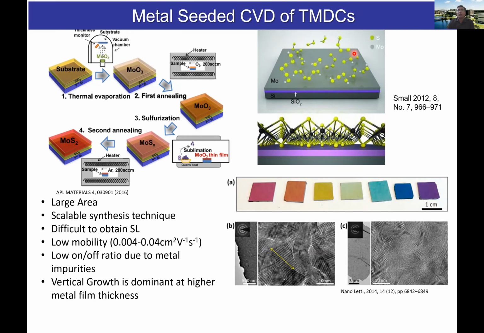But if you know material deposition techniques, what happens is that if you do thermal evaporation of materials, they have a very small grain size, down to 10 to 15 or 20 nanometers. So when you do sulfurization, the grain size is very small, which means you have a lot of grain boundaries.